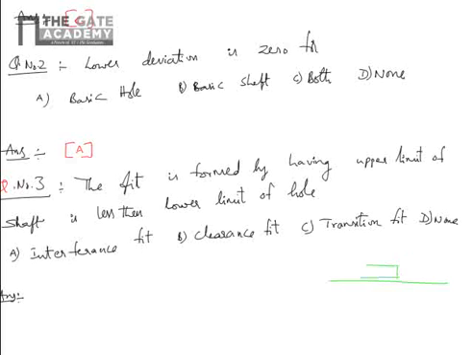Suppose this is the hole tolerance, upper limit, lower limit, and this is the shaft tolerance, upper limit, lower limit. So upper limit of shaft is less than the lower limit of hole. In the present case it is satisfied. So that means the shaft is smaller, the hole is bigger, which is called clearance fit.